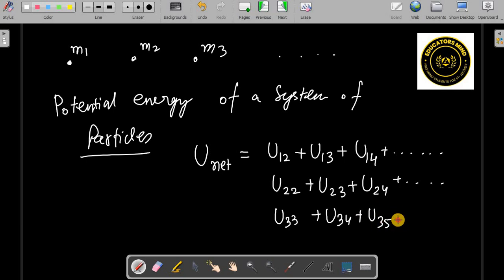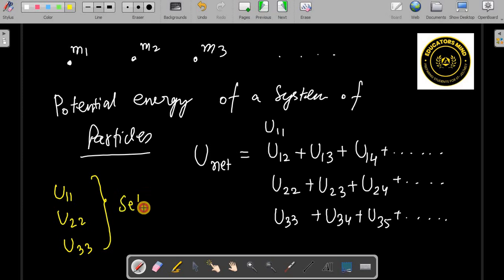Also, when you are taking 1, 1 also you can add here. 1 can also interact with itself. This is called self potential energy. U11, U22, U33, these are called self potential energy. That also we will discuss.